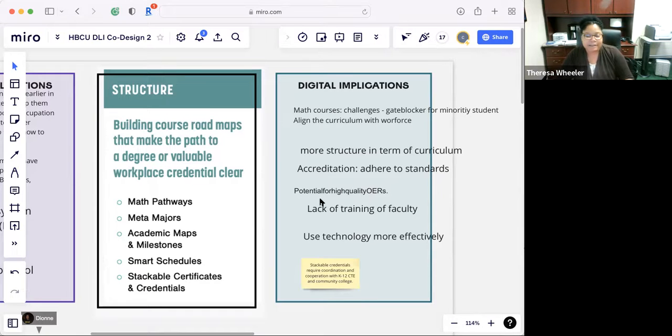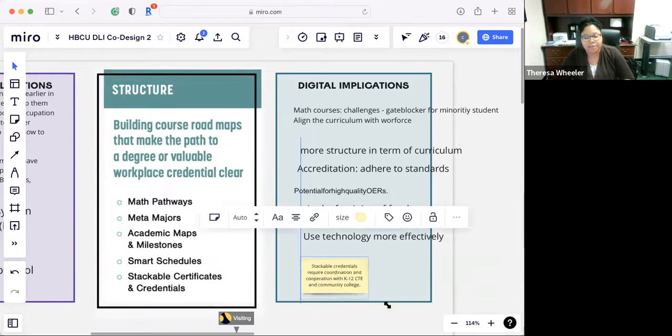For the first time, I think in the history of digital education, we have the potential to have free and open source math textbooks so that the cost of learning material is no longer a barrier, but instead having them distance education ready and having teachers fully trained to teach students in distance education would be some of the digital implications. And the very last one, the sticky note, is also me talking about stackable credentials.